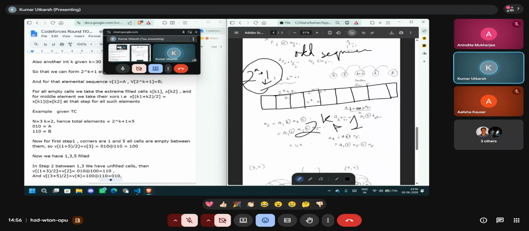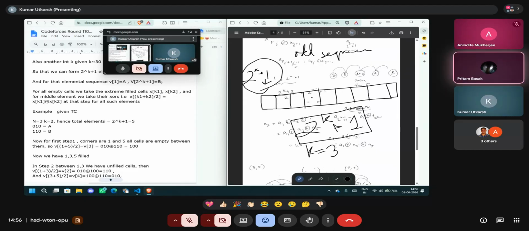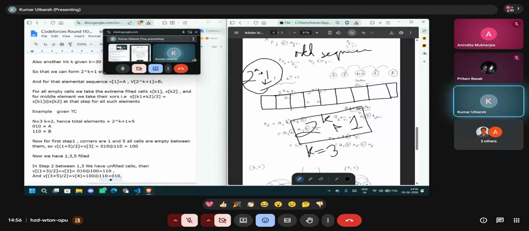So for k equal to 3, Preetham, just tell me how many cells we will have with this formula. We will have 9 cells. Yeah, so we got our 9 cells, right? And we are given A and we also have B here.